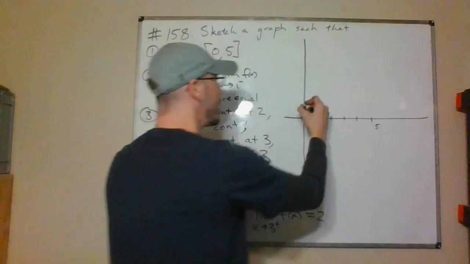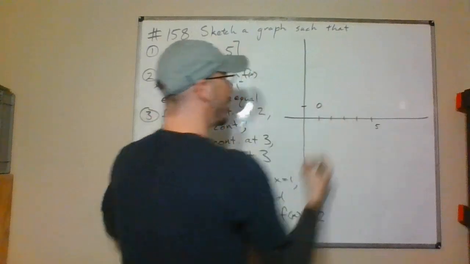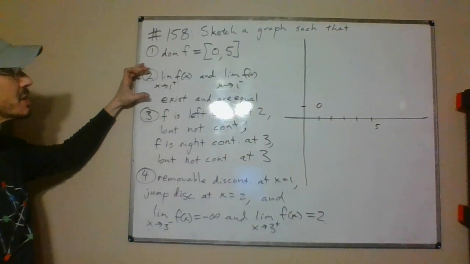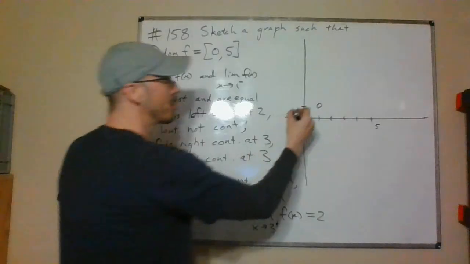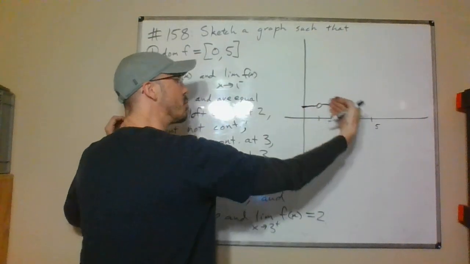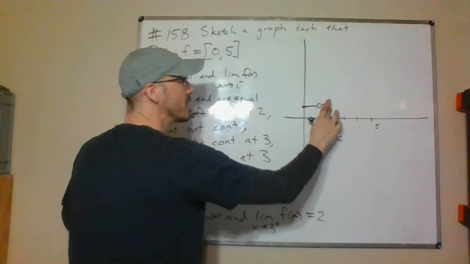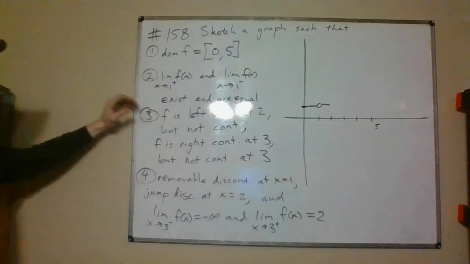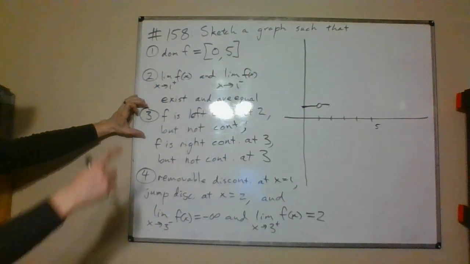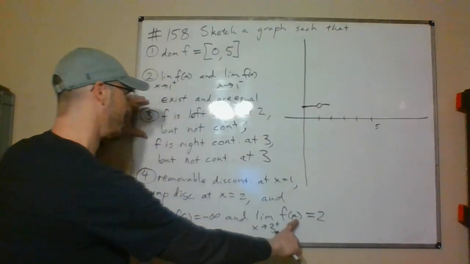I'm just going to say 1. I'm not putting the value there, but I'm setting up so I can put my limits, coming into 1 from the left and coming into 1 from the right. I don't want to put anything on 2 yet. It could be up here or down here, it doesn't matter.